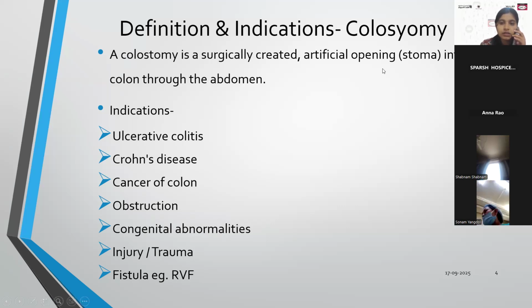So let us move to the types. Depending on the time period, how long the colostomy will be there, there are two types. One is temporary. Here it is done normally for diversion of the fecal material, so that you give rest to the colon and allow the stitches to get healed.